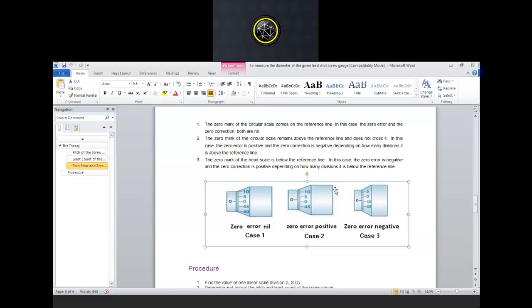Okay. Second case, if the zero of the circular scale is about to reach the zero of the linear scale, then in that case the error will be positive. Clear?